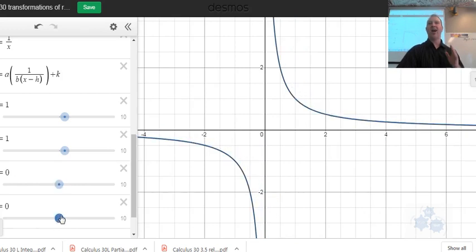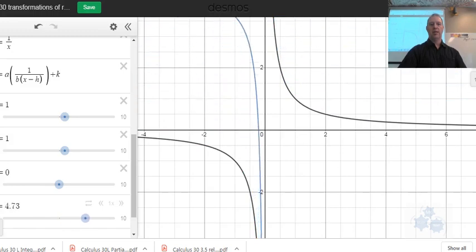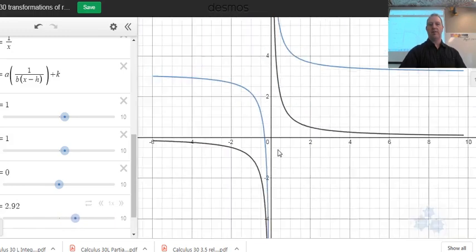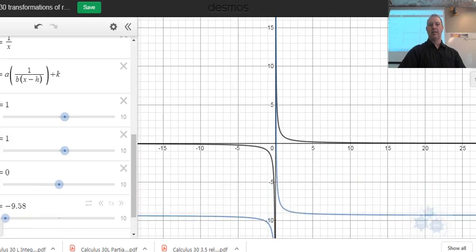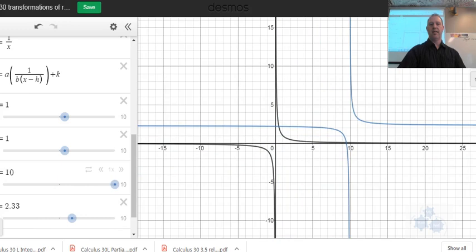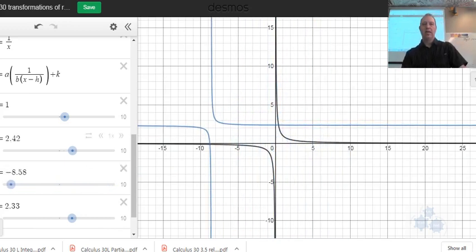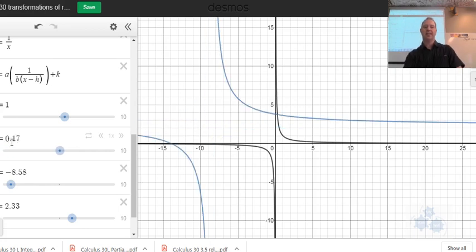And k is the vertical shift, or vertical translation. That is still true. It moves up, it moves down. So we can let all these go together and watch. You can see that's the k. Here's the h moving left and right. Here's the b getting large, so it squishes in and then it pulls out. And when b gets negative, it flips, right?